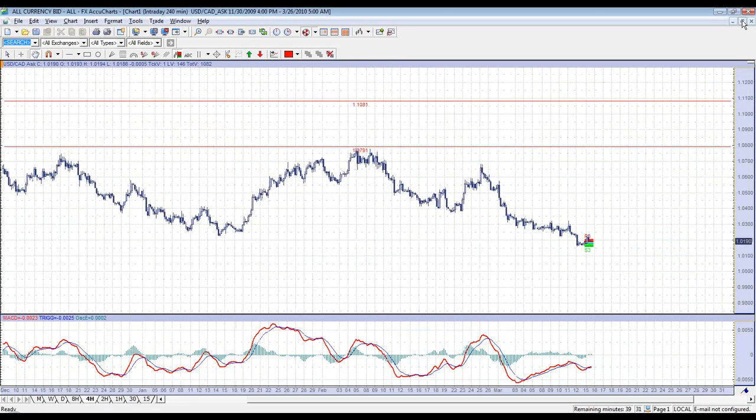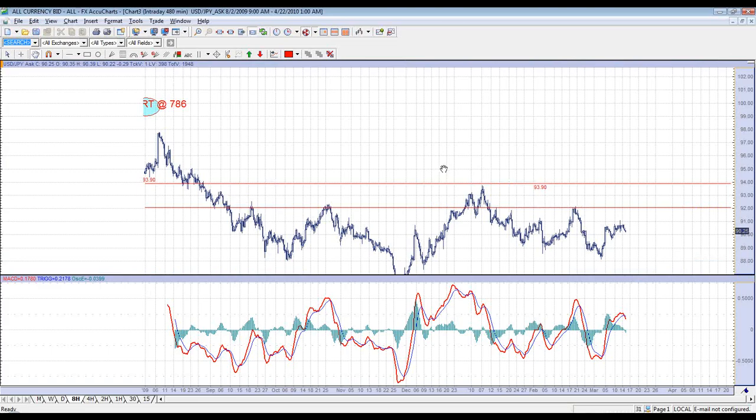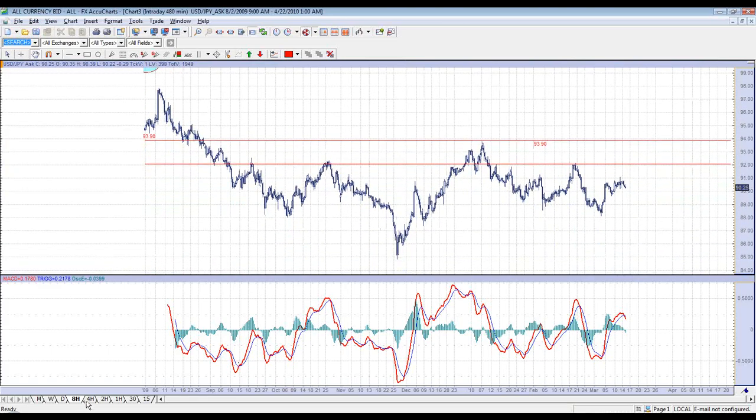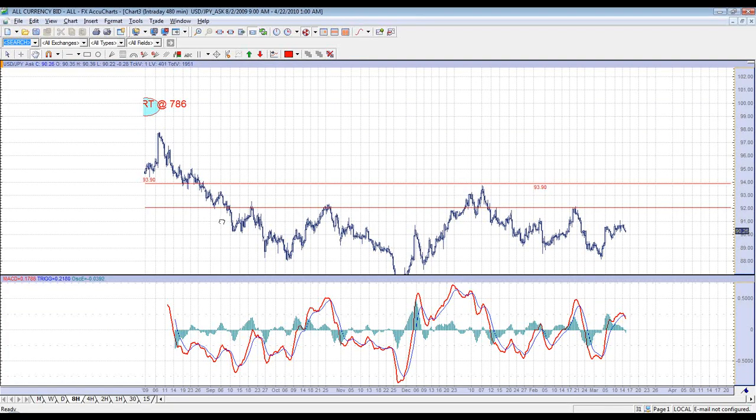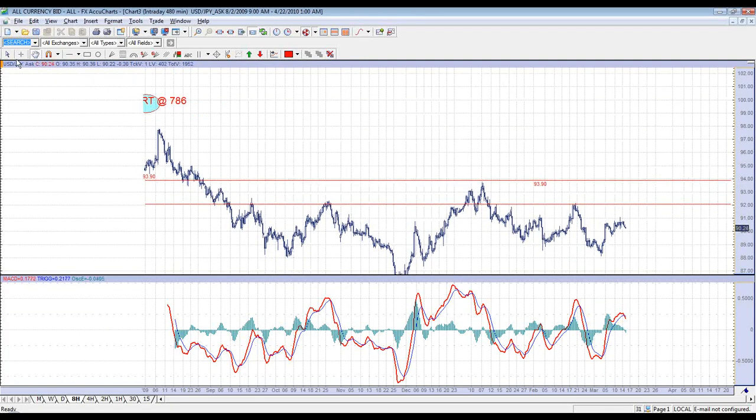This is the Canadian. This is my dollar yen chart. This is an 8-hour chart. And here is when the price was moving in a channel.